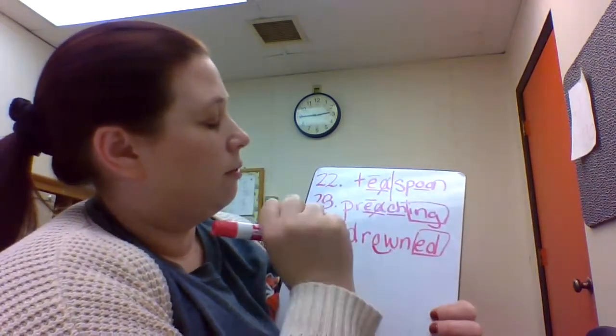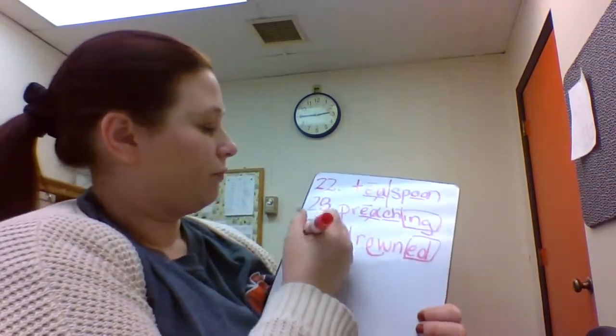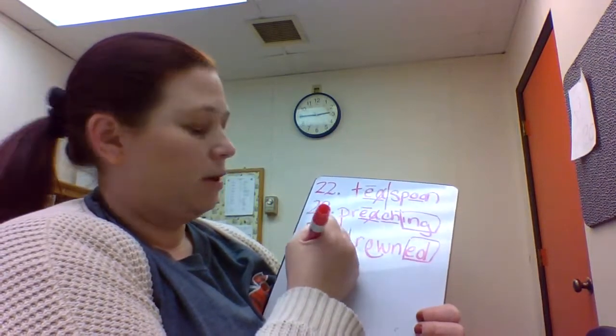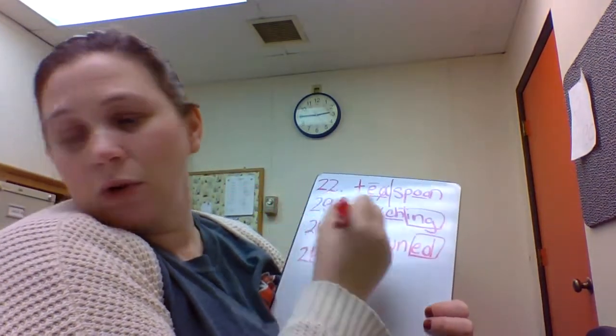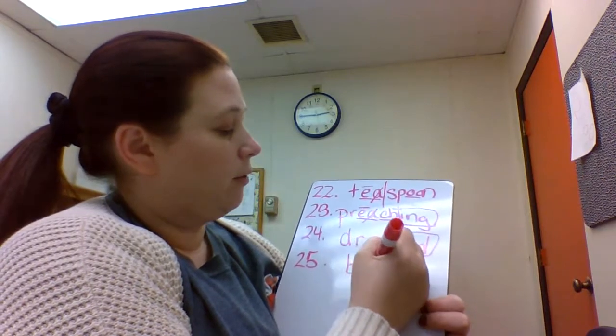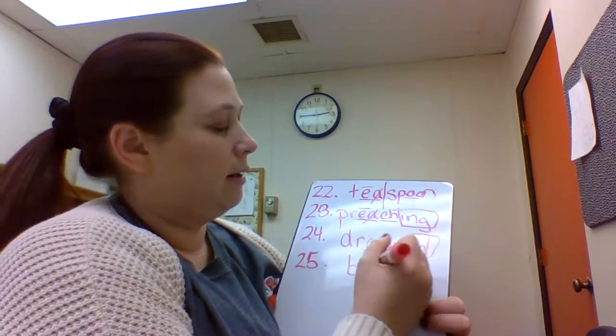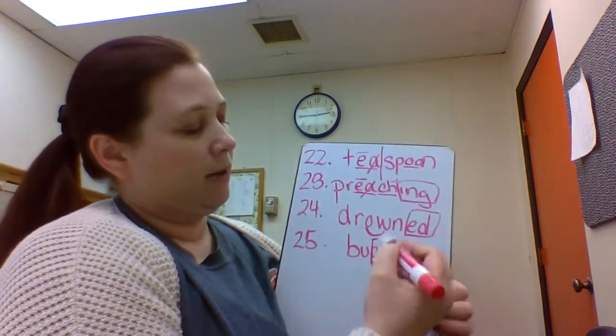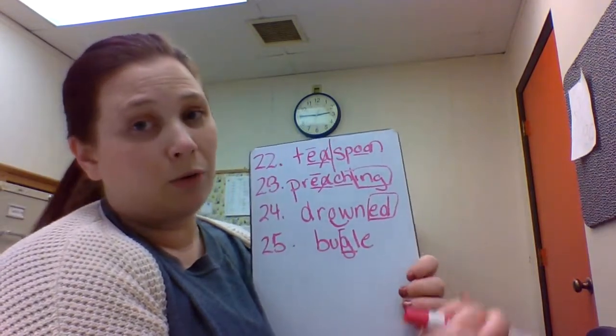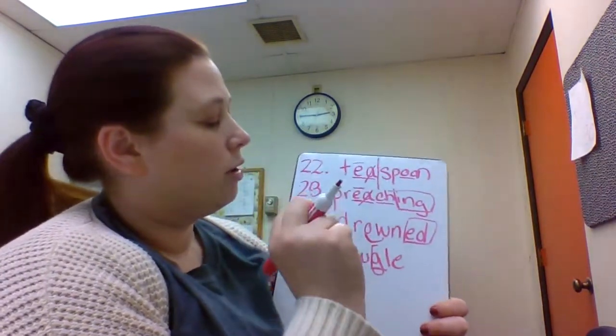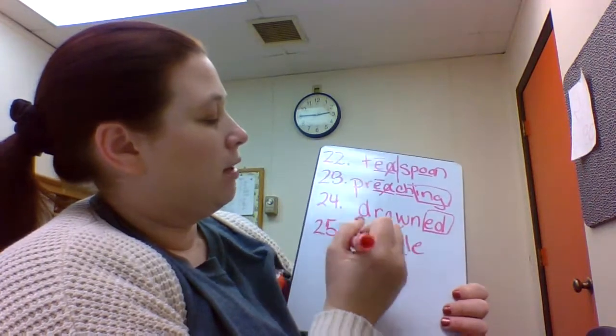We have our OW diphthong, and that's all we're doing with that one. 25, bugle. Remember how we talked about a bugle, when we did that final stable syllable, GLE, how a bugle is like a trumpet, kind of like a horn. And then our U gets a macron.